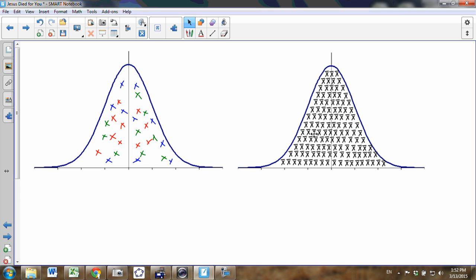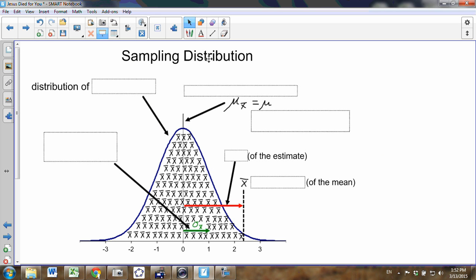So we have this distribution of these x bar guys, sample means. Each one represents an entire sample of a certain size. So we call this distribution a sampling distribution. It is a distribution of sample means. Later on, you'll realize that you can have a distribution of sample proportions, but in this case, we're dealing with sample means.